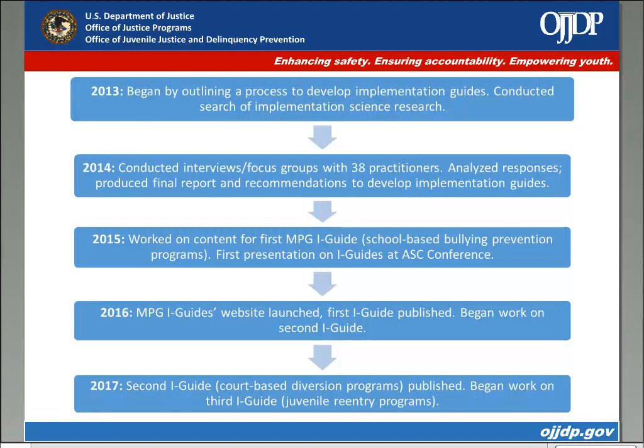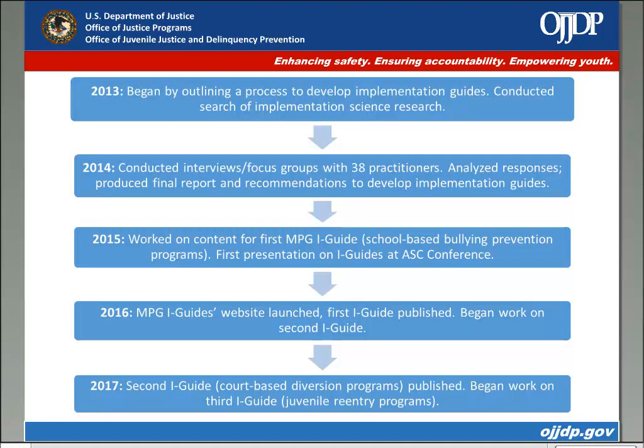We crosswalked the responses from the practitioners with that empirical research on implementation. With all that gathered, we developed a final report entitled MPG Implementation Guides, Background and User Perspectives on Implementing Evidence-Based Programs, and I'll discuss that briefly next. The final report included the recommended implementation guides protocol and standard, including the 10 steps.